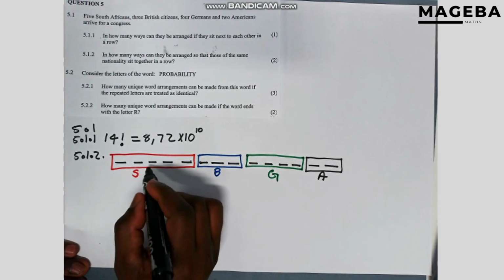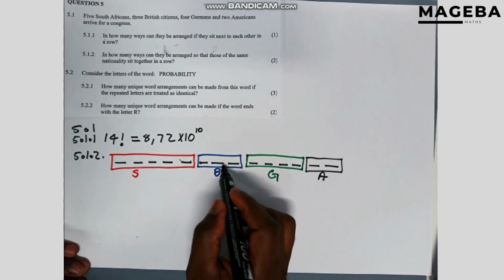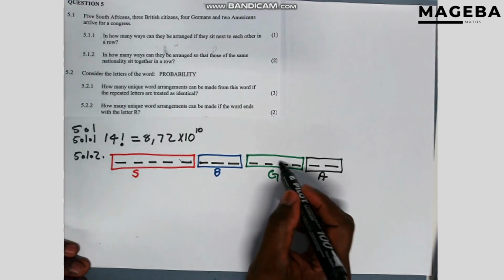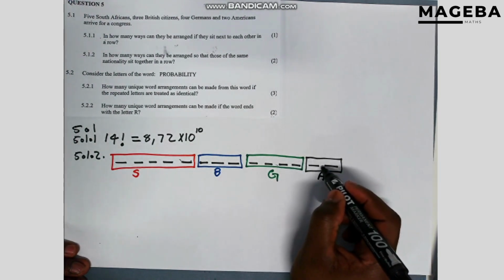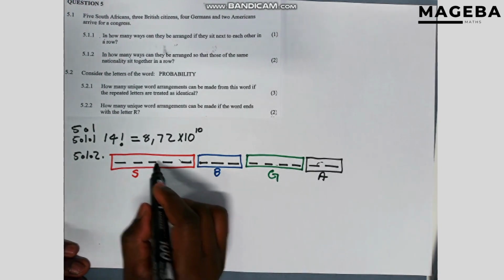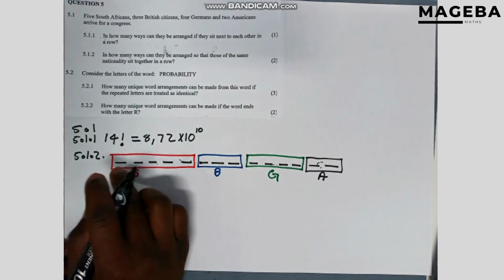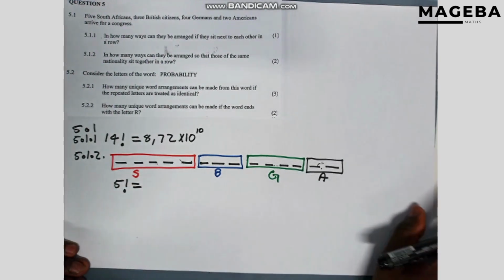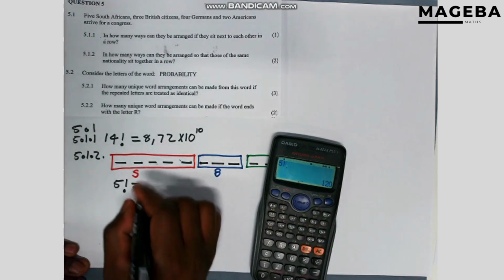Remember, South Africans will arrange themselves inside their box, British inside theirs, Germans also, and Americans also. So I need to do the arrangement inside each box. South Africans are 5, so I have 5 factorial, which is 120.